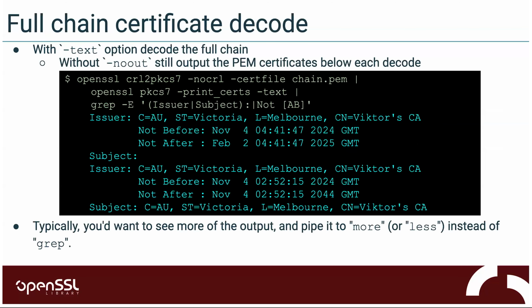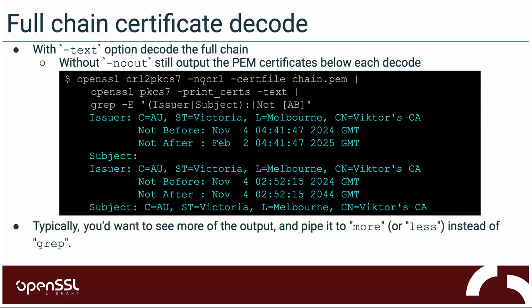But more interestingly, we can do the same thing, but this time tell OpenSSL PKCS7 to print the certificates in text format, which will decode them. It would output lots and lots of fields describing each certificate. I'm showing a grep here only because I don't have enough room on the screen to show you the content of two certificates in one go. Here I'm showing that the -text option includes at least the issuer name, the subject name, and the before and after dates.